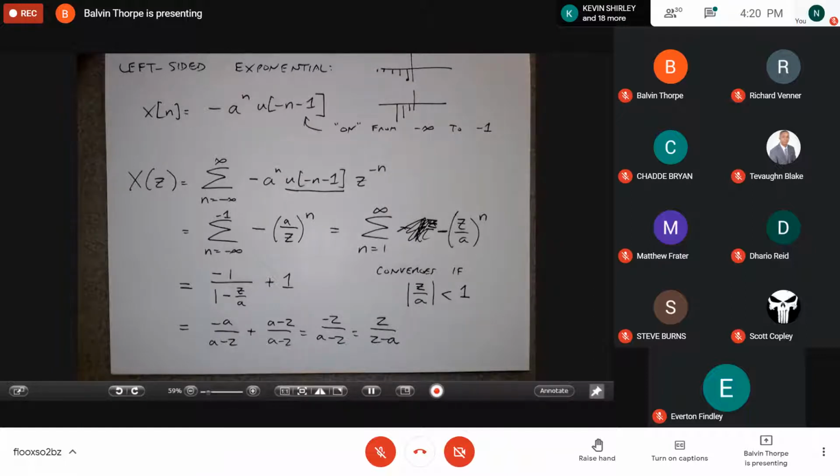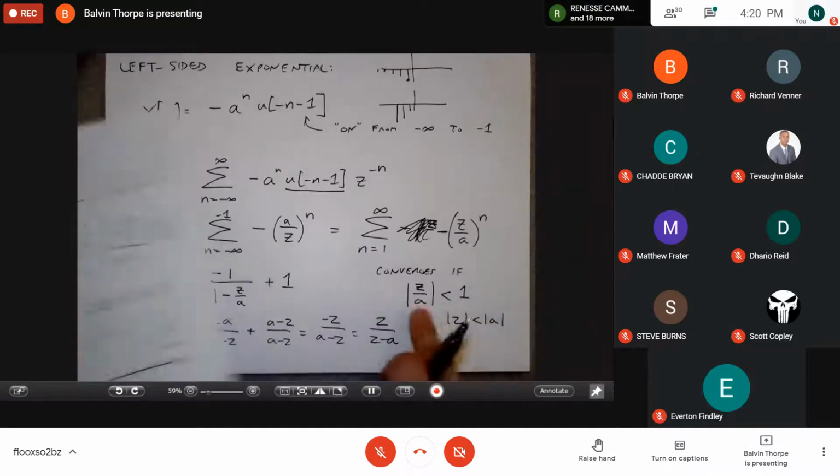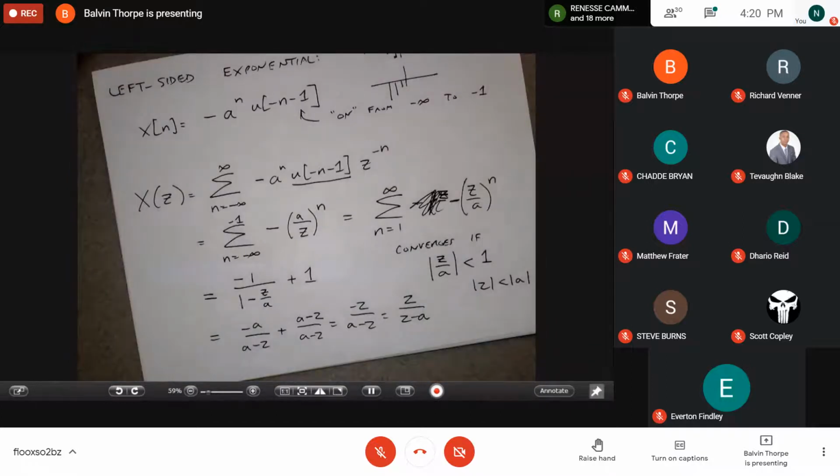But the key idea here is that they don't have the same z transform, because the z transform comes in two parts, both this function of z and the region of convergence. And here, the region of convergence is actually opposite of what we got last time. Last time, we got the region of convergence being z outside of this circle. Here, the region of convergence is z inside of the circle.